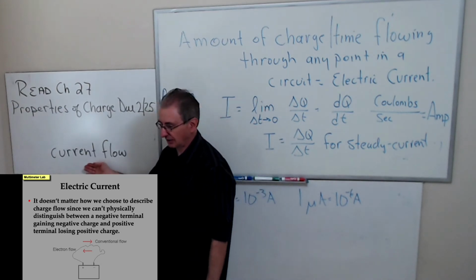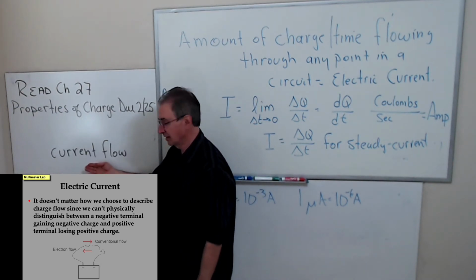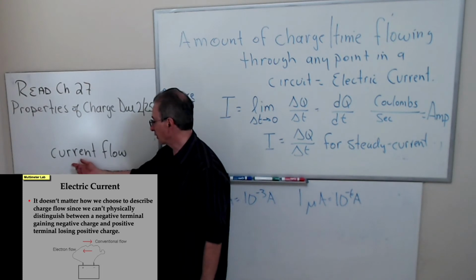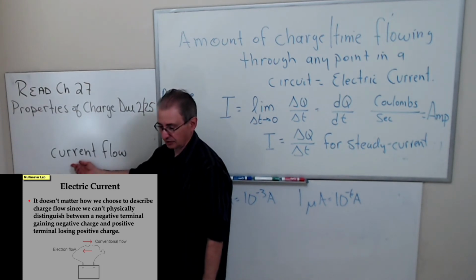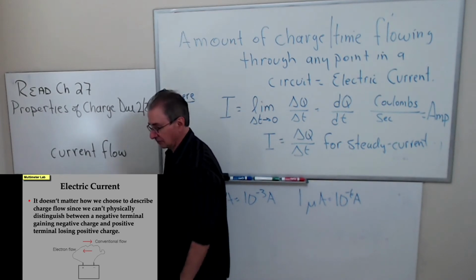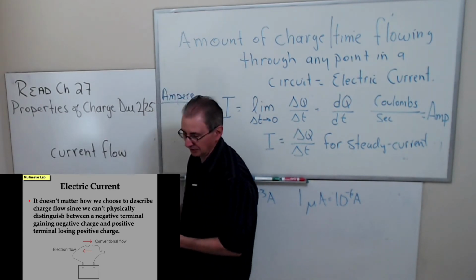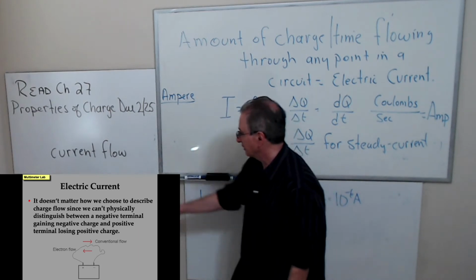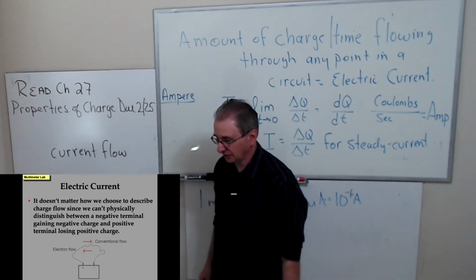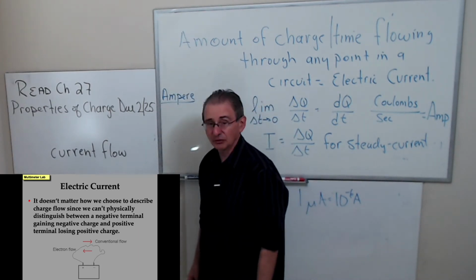Physicists say this all the time, and I will say it too. You'll catch me saying this. This is redundant because current is charge flow, and then you say current flow. Your book talks about that. So saying current flow is a redundant term, but it's hard to avoid saying it.